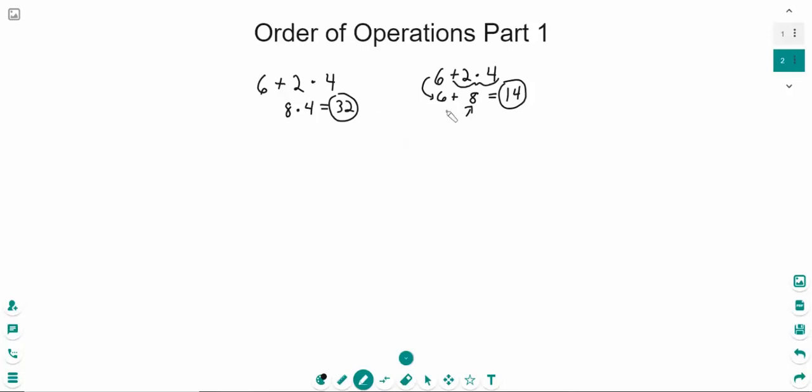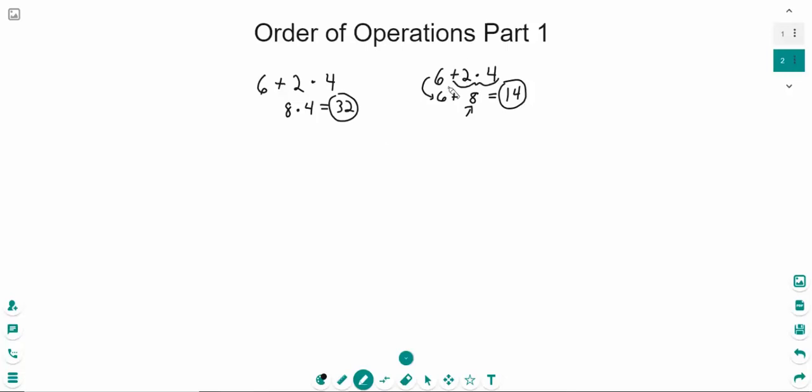All right. So the issue here is both of these are, in a sense, correct. We didn't do anything wrong in our multiplication and our adding here, but we ended up with different answers. So throughout the years, mathematicians have decided to basically standardize how we do this.